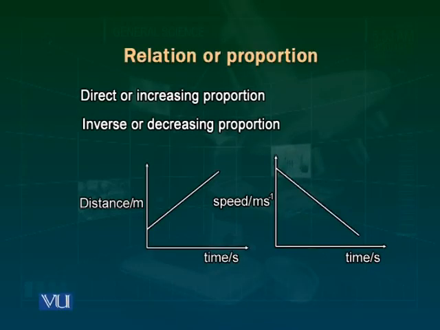If the graph starts from 0, 0, where distance is 0 and time is 0, and it continues on in a straight line, like the distance covered by an object moving at a constant velocity, I will get a straight line passing through the origin, and I would say it's a direct proportion. If it is not passing through the origin, that means when I started the stopwatch, the object had already covered a certain distance. Then, of course, I would say it is an increasing proportion.